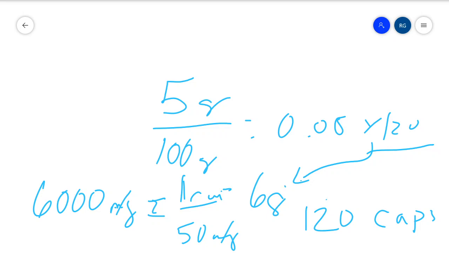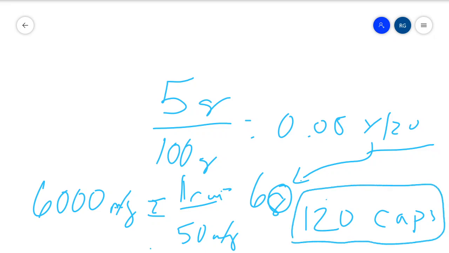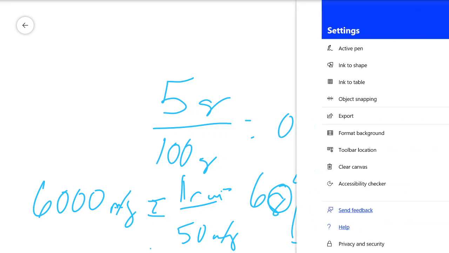So we had to change grams to milligrams, or you could have changed your capsule to grams, but it was easier for me to change it to milligrams. So that was 6,000 milligrams. 6 grams is 6,000 milligrams if you move the decimal 3 spaces to the right. Then you set up your 1 capsule over 50 milligrams, mark out your milligrams, and 6,000 divided by 50 is 120 caps. Hope that's explanatory for you.